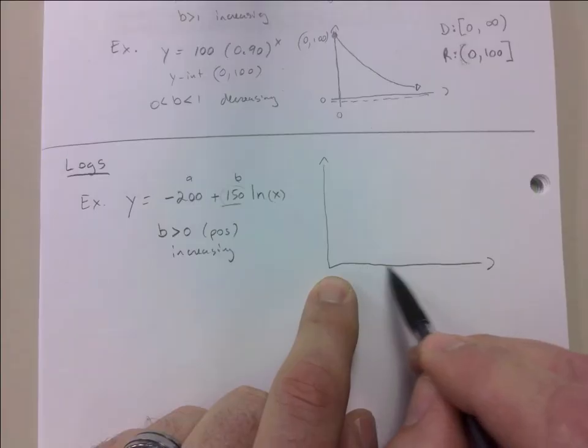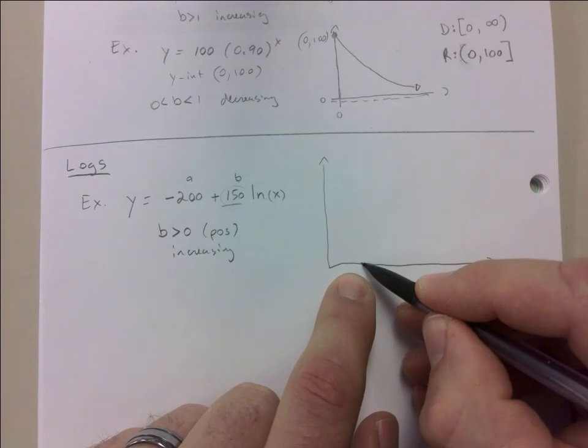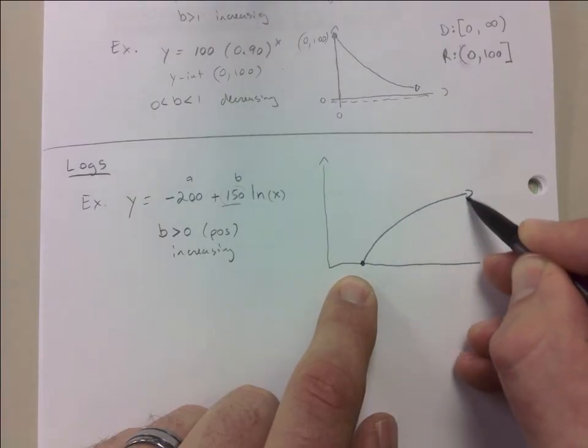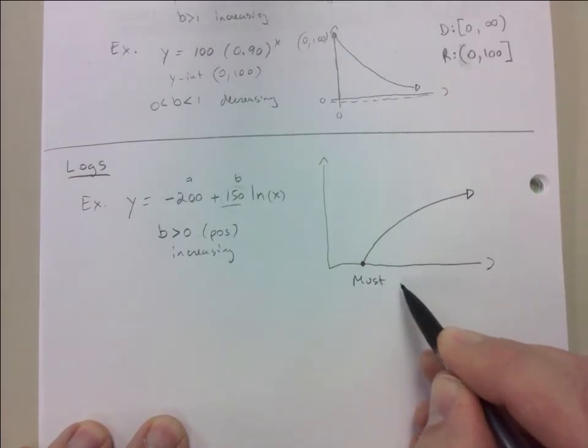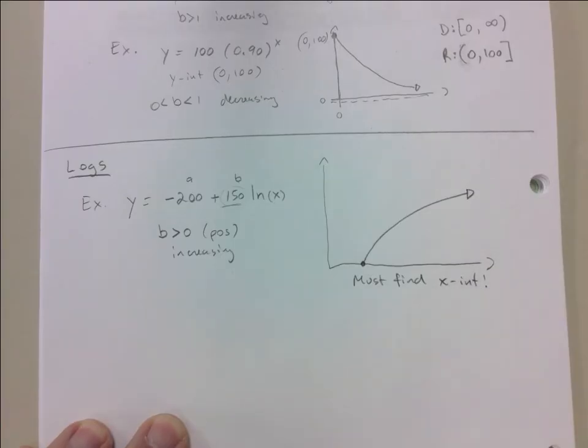We need to start somewhere on the x-axis. Okay, so this graph is probably going, you got to find the x-intercept, and then from there you're going to go like this. Okay, so I will put down must find x-intercept. That is your key to success with logs.